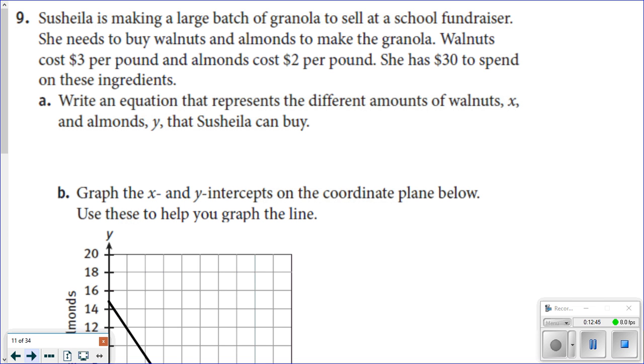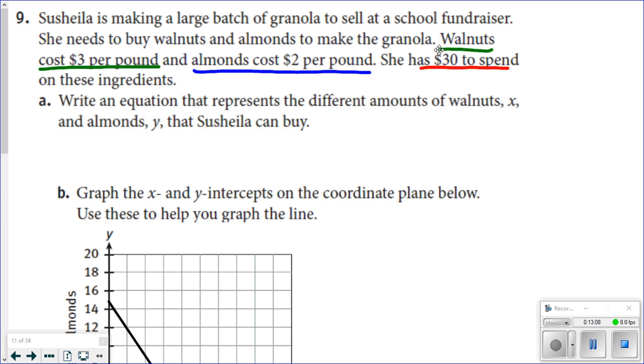She needs to buy walnuts and almonds to make granola. Walnuts cost $3 per pound. Almonds cost $2 per pound. She has $30 to spend.